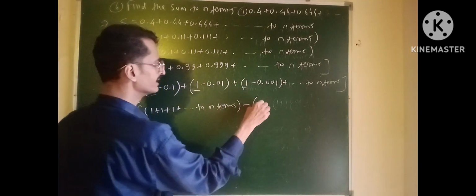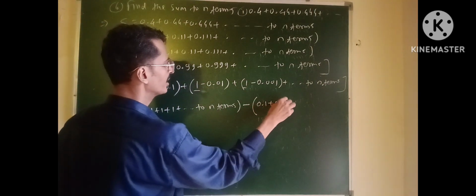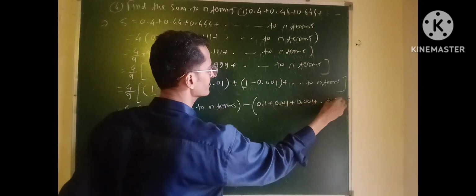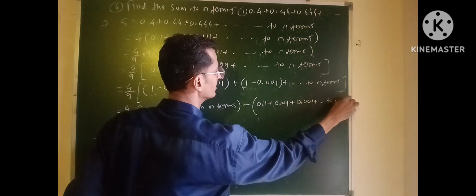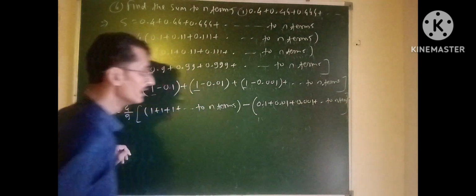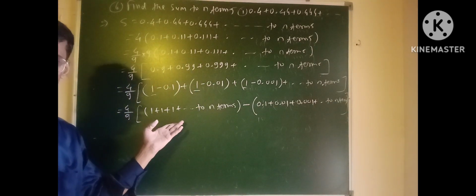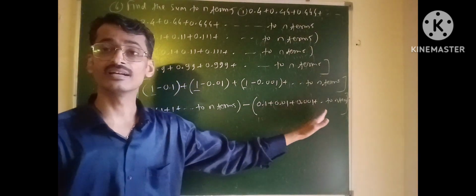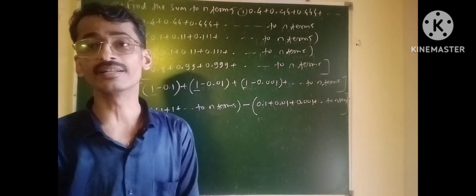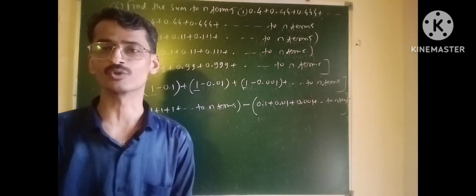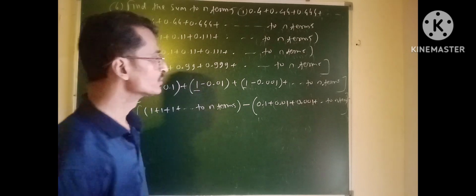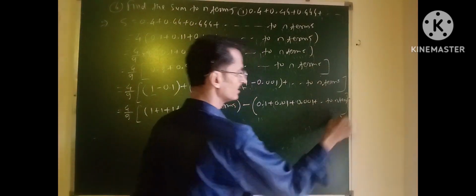This is 0.1, 0.01, 0.001, 2 n terms. Now this we can solve easily. 1 plus 1 plus 1 n times is n, and these are terms which are in what? GP. Check this. Common ratio is constant. So we know how to find sum of n terms of GP. So let us write here equation 1.